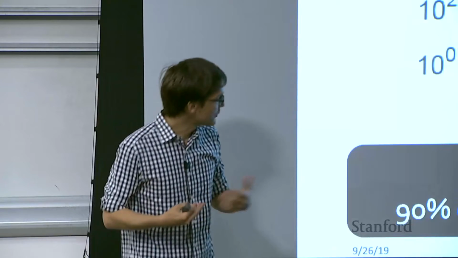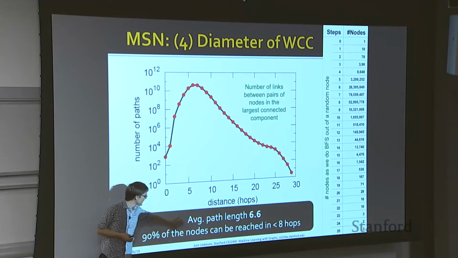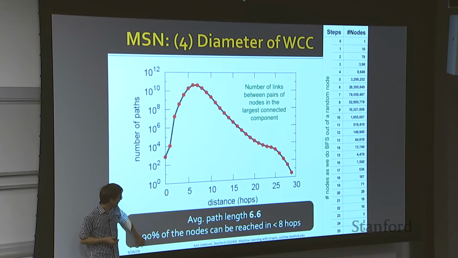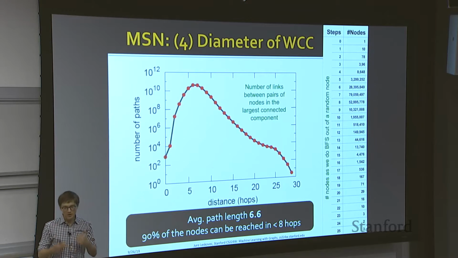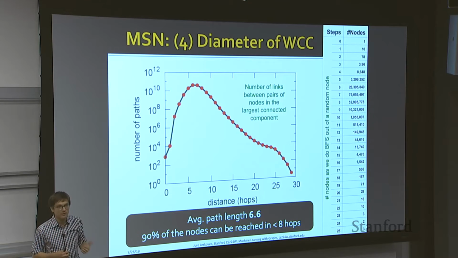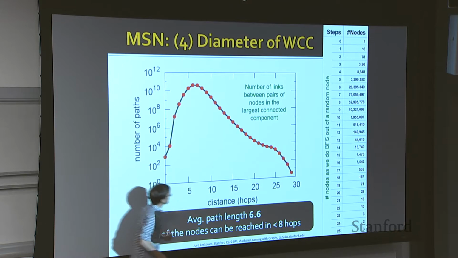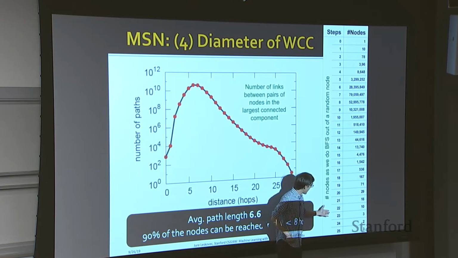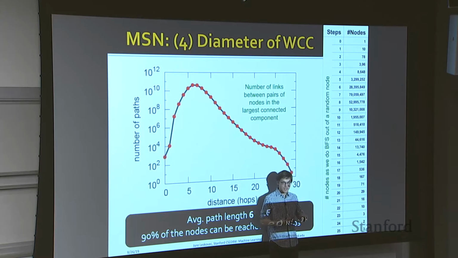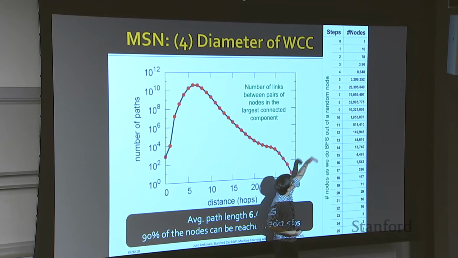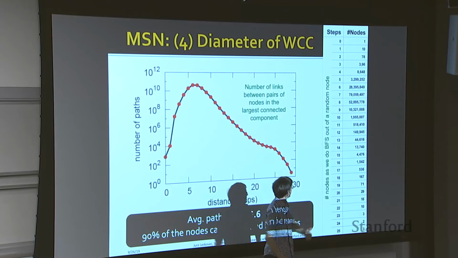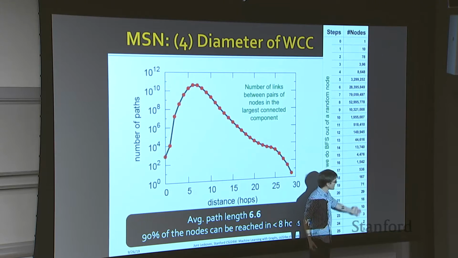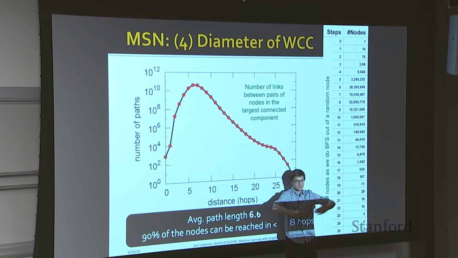And if you ask what's the average shortest path length, it's 6.6. And 90% of all the pairs of nodes can be reached in less than 8 steps, so in 7 or less. And just to show you how this looks, if you take a random node and ask how many neighbors are at step 1, step 2, step 3, this is basically the frontier of the breadth first search as you go.